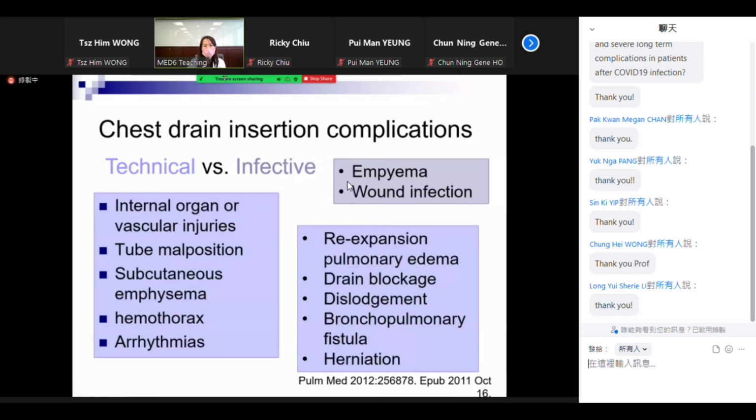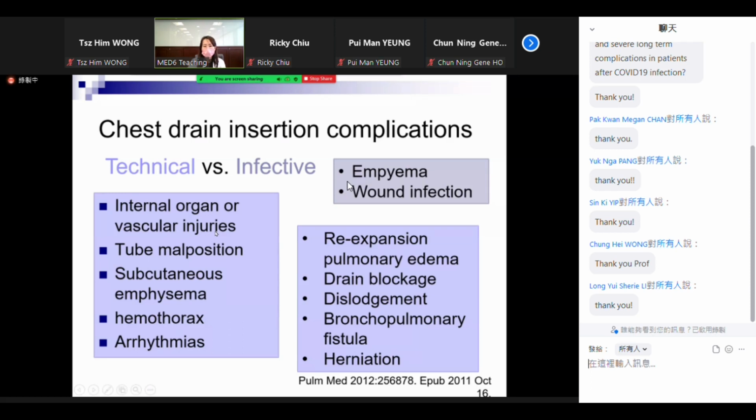So what are the complications of chest drain insertion? When you become a house officer, you have to explain the possible complications of the chest drain. The most important one is we have to explain to the patient there's a possibility of lung injury or organ injury, and when we incidentally touch a blood vessel, there's bleeding.